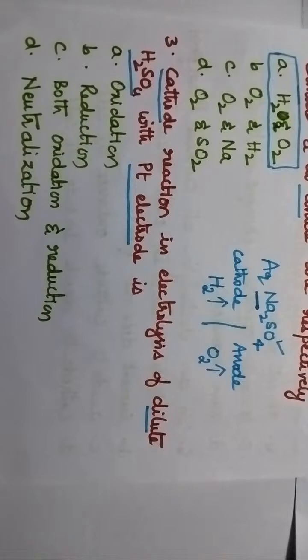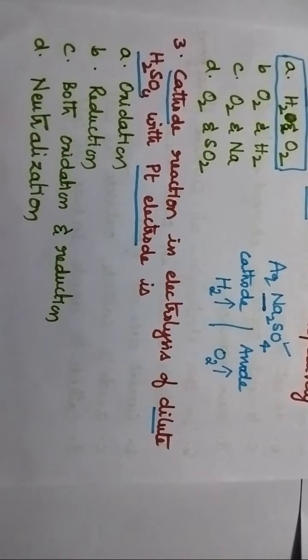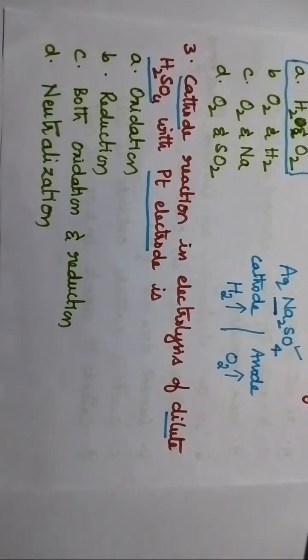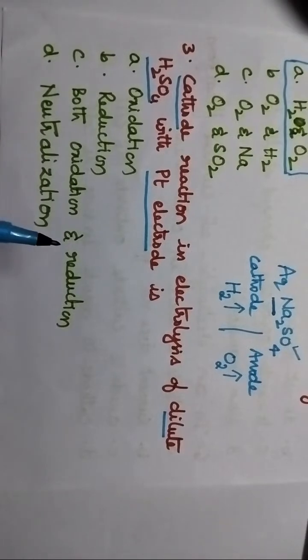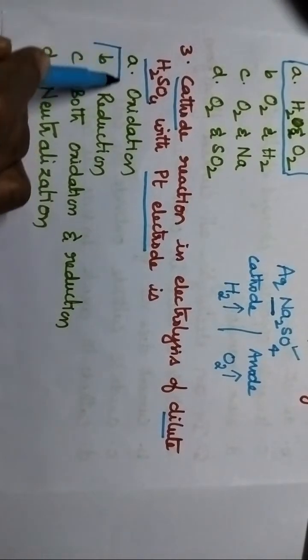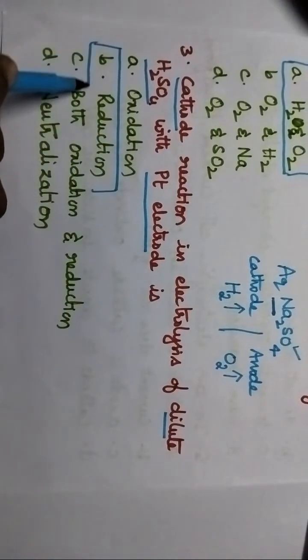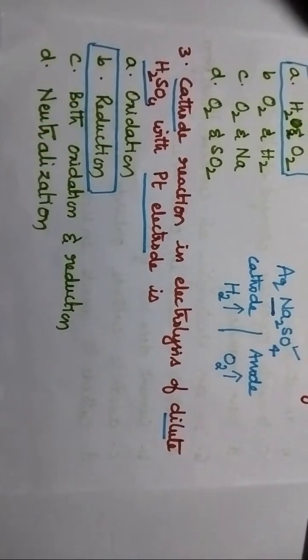That means you have to identify what happens at the cathode. At the cathode, what happens, Rebecca? Yes. Reduction takes place at the cathode. Very good.